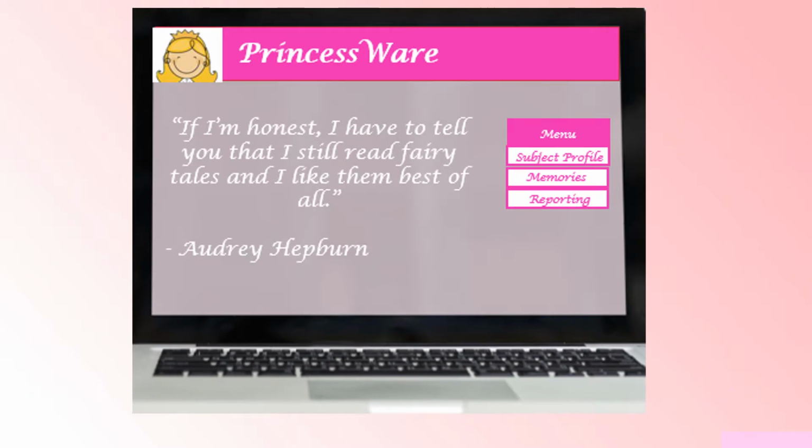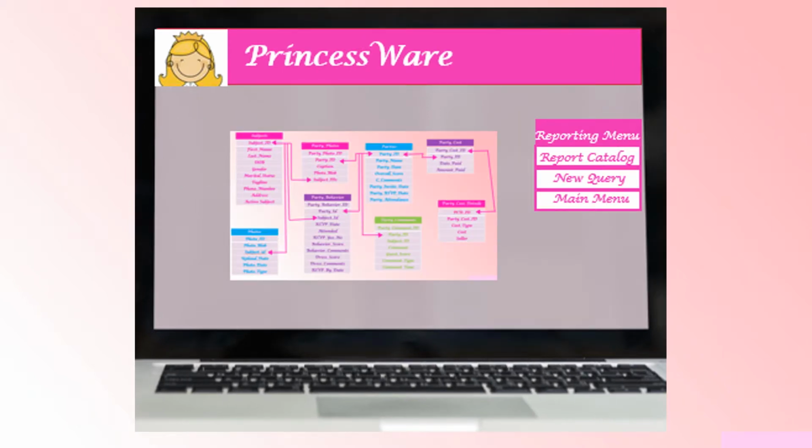After you successfully log on to Princessware, you will see a fairy tale quote and a menu. You have a tab for subject profiles and memories, just like Cinderella and the subjects, but you also have a reporting tab on your menu bar. When you click on the reporting tab, you will be taken to the reporting screen.